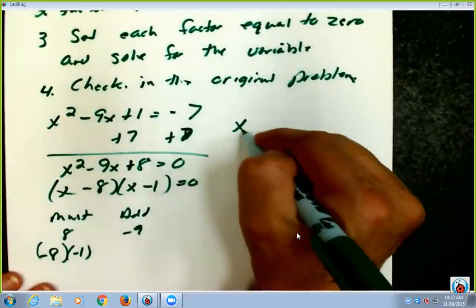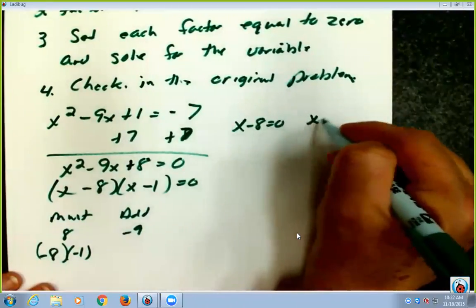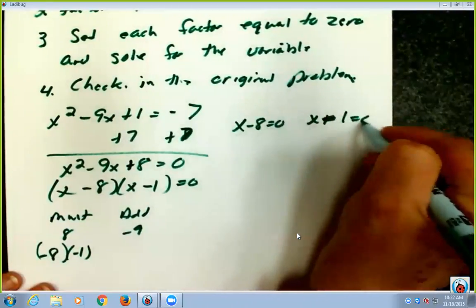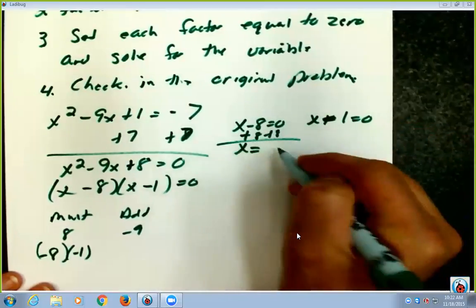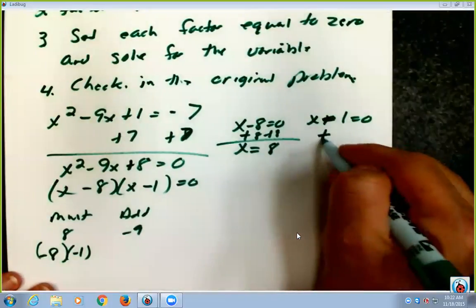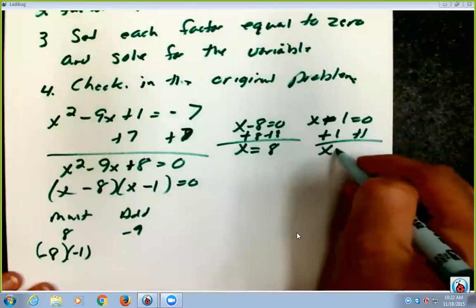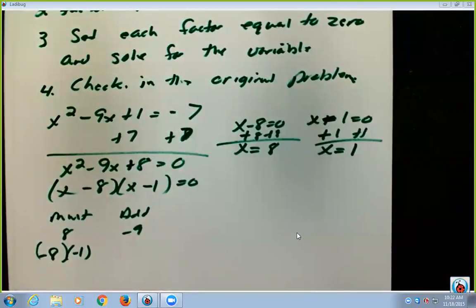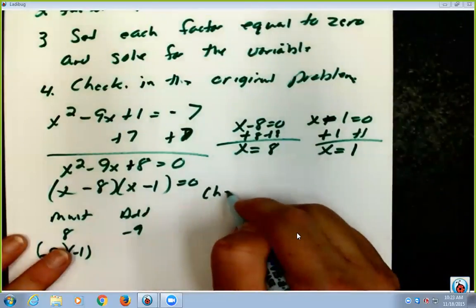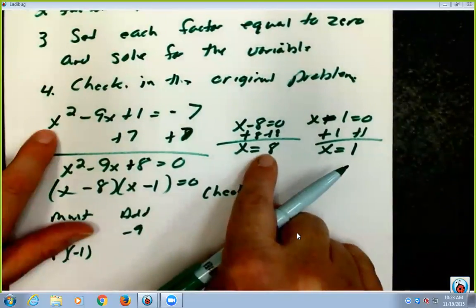Set each equal to 0 and find x. I'm going to add 8. x is equal to 8. I'm going to add 1. And x is equal to 1. So now I need to make sure they work. So that's where my check comes in. Plug 8 back into the original.